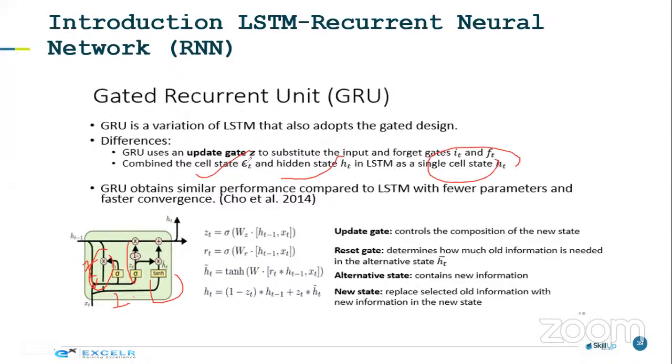Okay, and then they are substituting the input and forget gates with the update gate. Then they are combining the hidden state and the memory state into a single state, which is reset state, and then alternative state and new state. That's what they're trying to do.